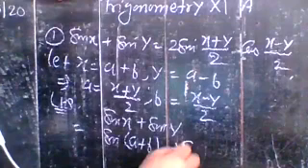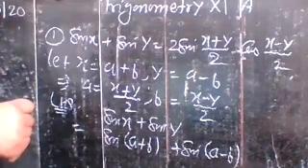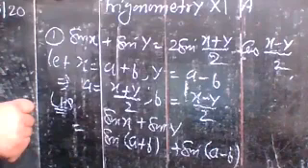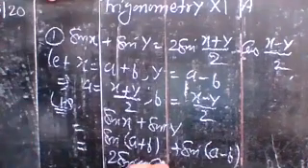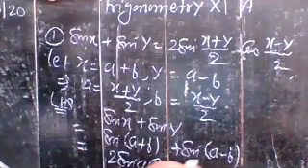2 sine x cos y is equal to sine (x plus y) plus sine (x minus y). So this identity is like that. This complete expression can be written as 2 sine a cos b.